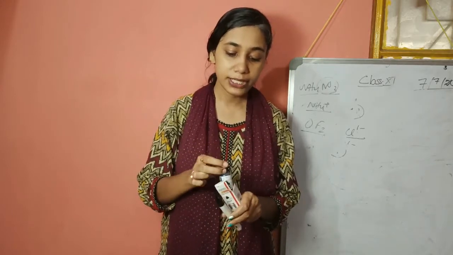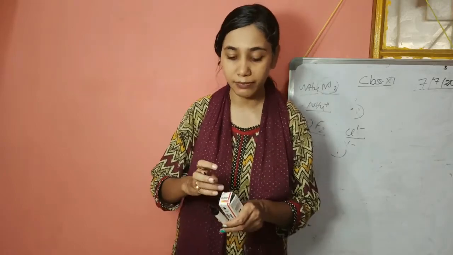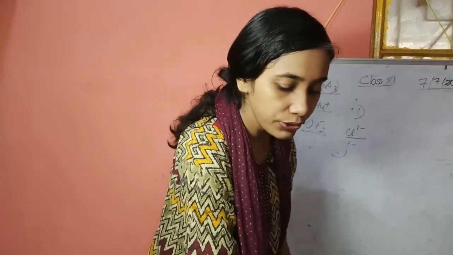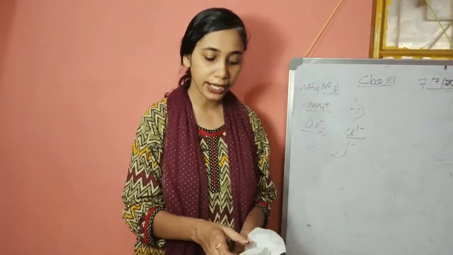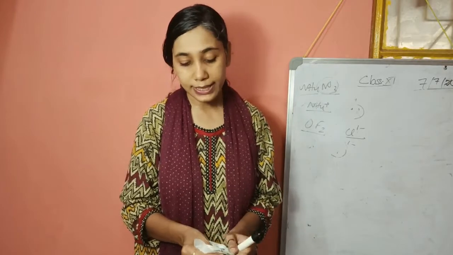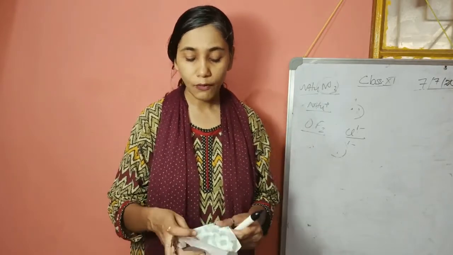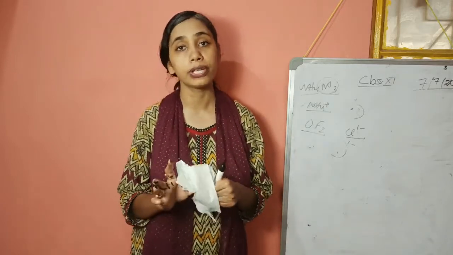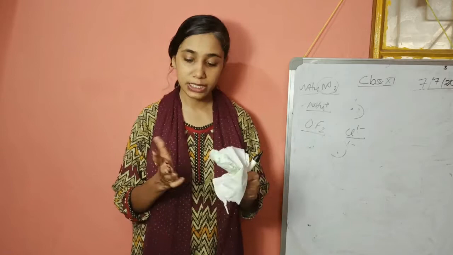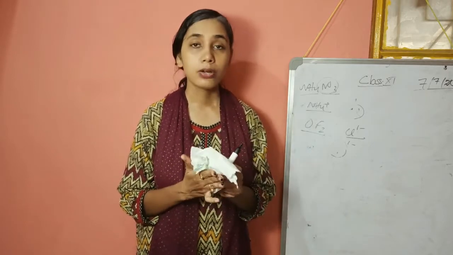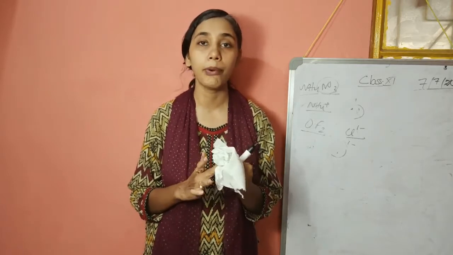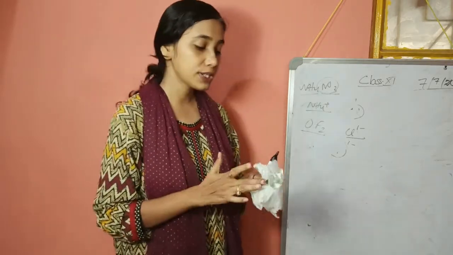Now as fluorine is the most electronegative element among all the elements in the periodic table, obviously fluorine will have a negative oxidation state, whereas oxygen, in this compound, has lower electronegativity than fluorine. So oxygen will have a positive oxidation number here. It's the only compound where oxygen shows a positive oxidation state.